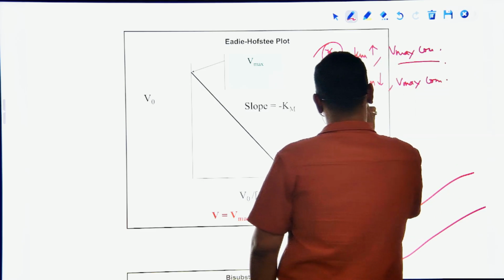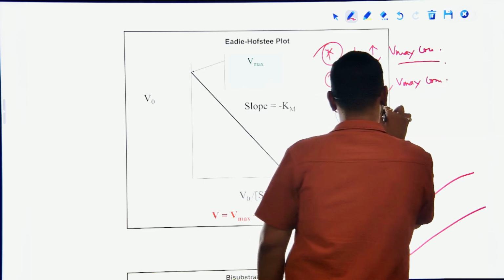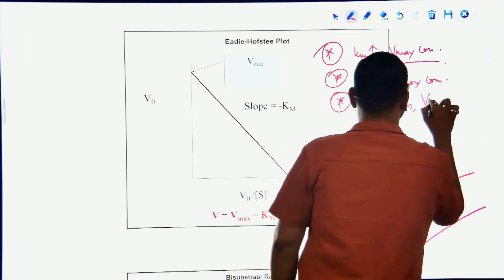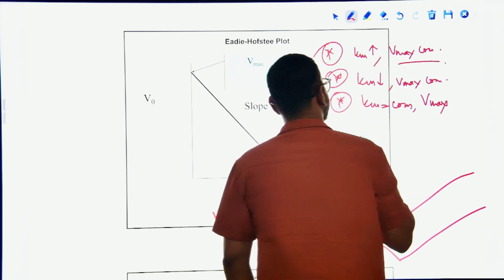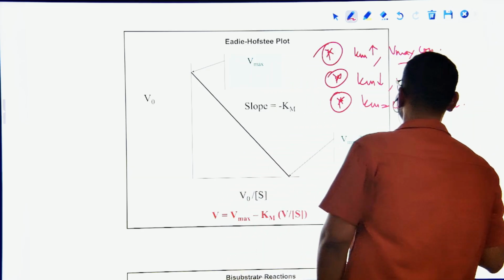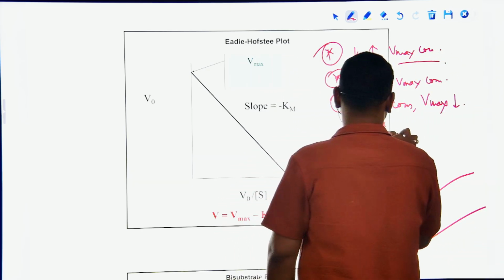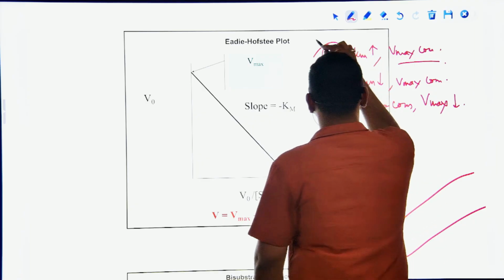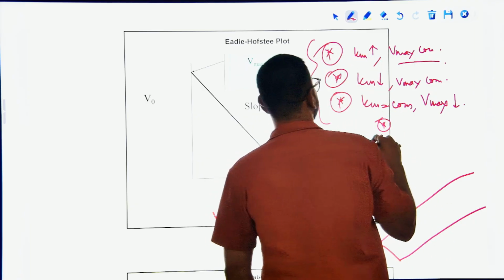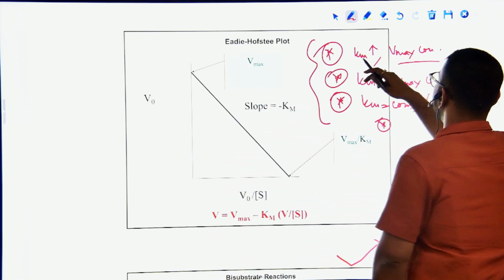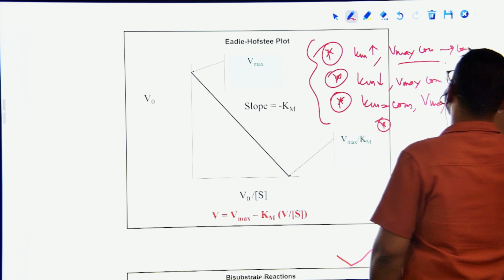Second condition. If Km constant, Vmax increased. So these three are main. Km increased, Vmax constant, competitive.